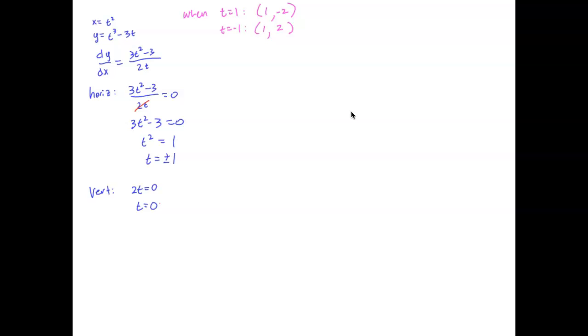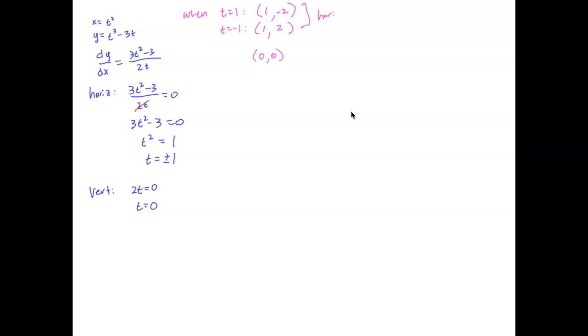All right, so t equals 0. If I plug t equals 0 into my parametric equations, what am I going to get? I get (0, 0).